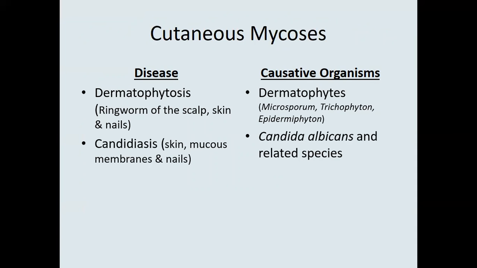And then we can also put Candida in this group because it can also cause infections in that cutaneous way, since they're on our skin and mucous membranes to start with. Although, as we mentioned earlier, Candida can become systemic and cause septicemia.